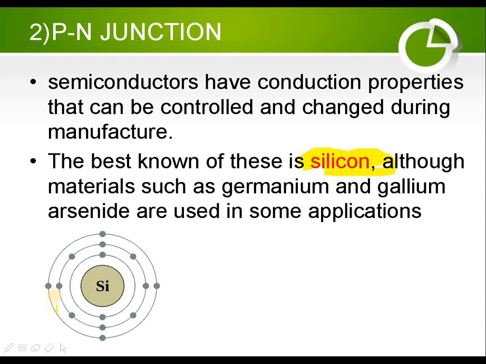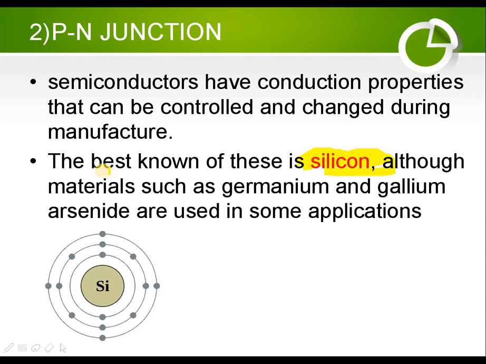You can see here in the diagram that silicon has atomic number 14 and 4 electrons in the outermost valence shell. They are free electrons, and they can be used in covalent bonding with their neighboring atoms. We will see this in the next slide.